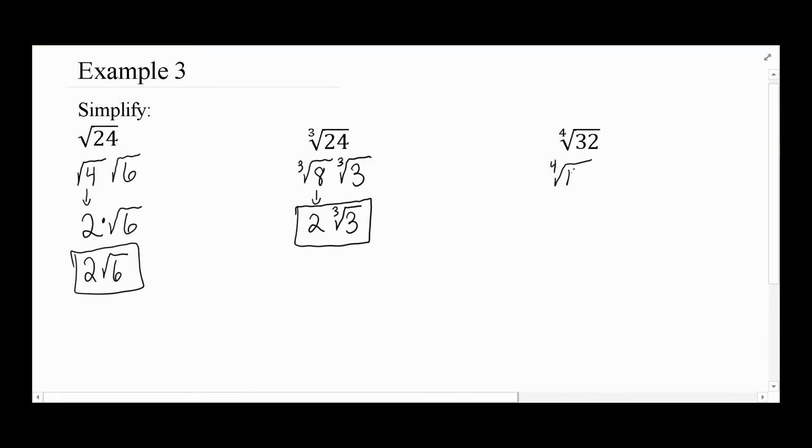We're going to have the fourth root of 16, and 16 times 2 would get me back to 32. And then the fourth root of 16 is 2. I'm left with fourth root of 2, and there's my answer.